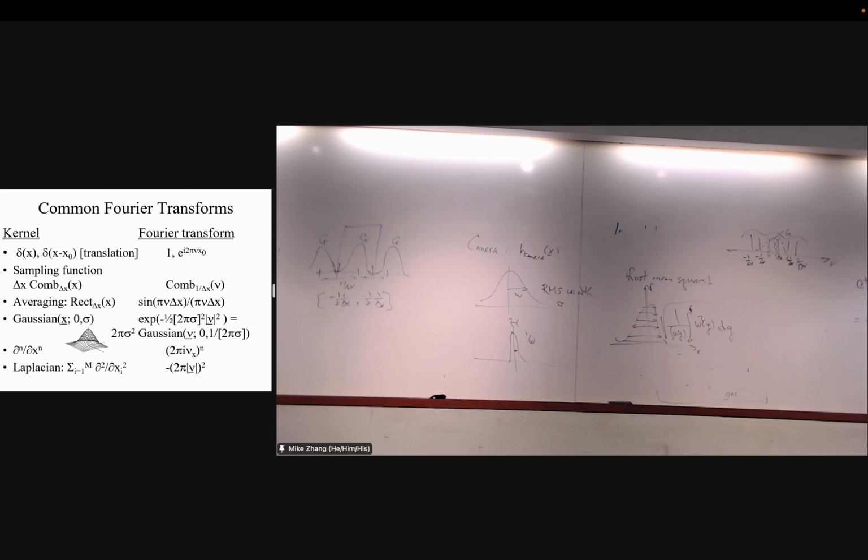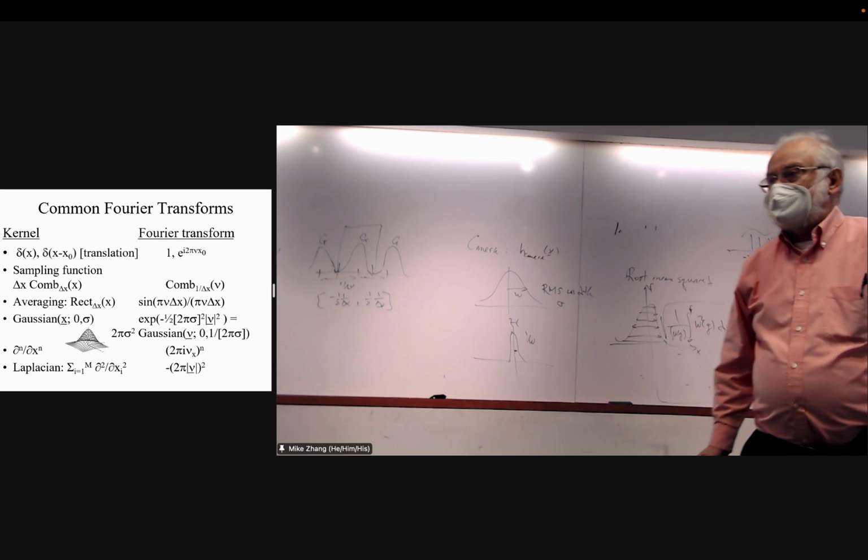There it is. If the kernel has root mean square width sigma, then the Gaussian up here in the frequency domain is going to have root mean square width 1 over 2 pi sigma.